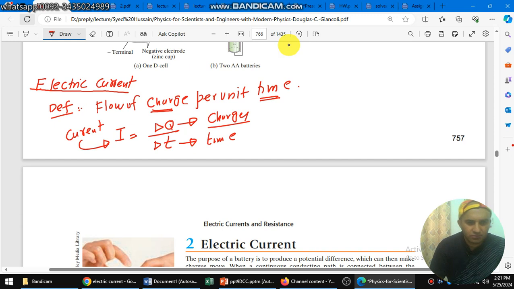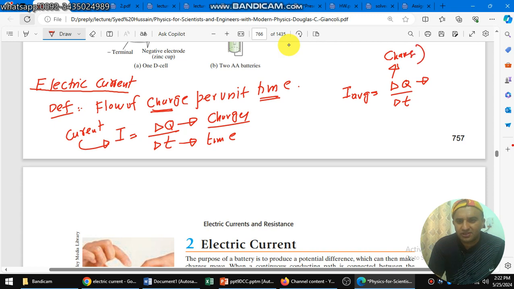Now the average value of the current is del Q over del T. This is how much the coulomb charge changes, and in how much time. So del Q means the total change in how many coulombs of charge, and in how much time.